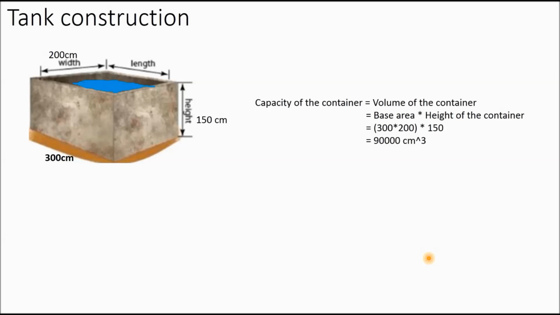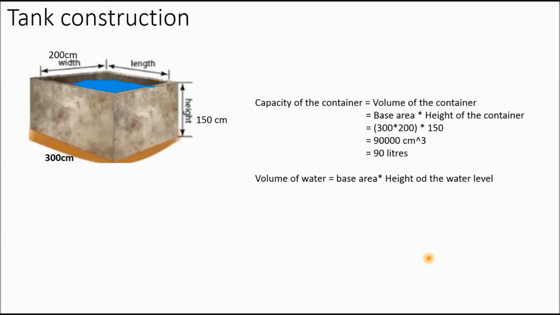This is the total capacity of the tank with these dimensions. So the capacity will be 90,000 centimeter cube, or you can convert it into liters, and it comes around 90 liters.